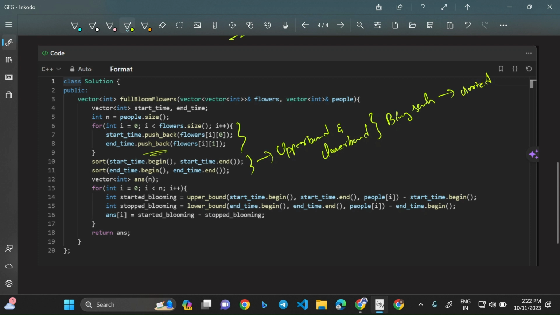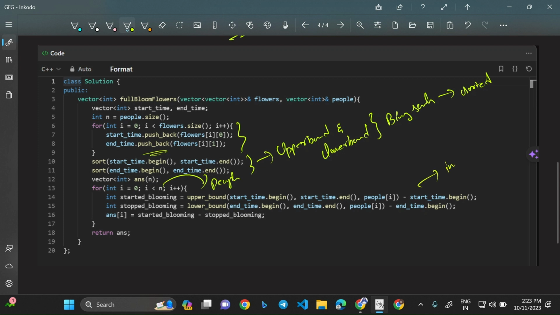And now a vector of int answer, that's the required answer. So int i equal to 0, i less than n, i plus plus, as n people are there. So int started blooming denotes the number of flowers that have already started blooming, and that's basically upper bound of start time begin, start time dot end, and people of i minus start time begin.